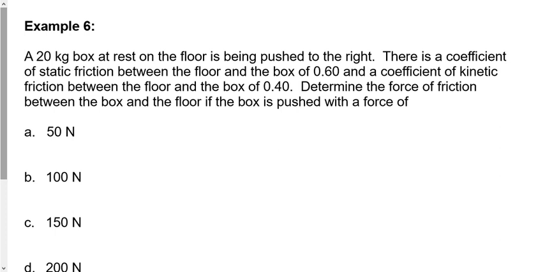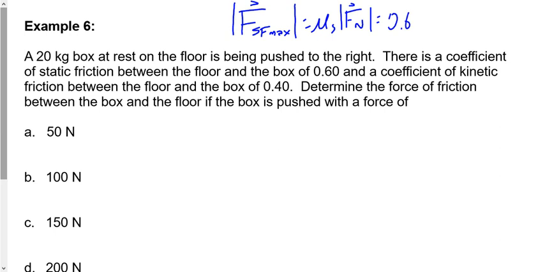Well, let's determine what kind of friction it is. Let's get F_s max. That's equal to mu s times the normal force, which is 0.60 times 20 times 9.81.